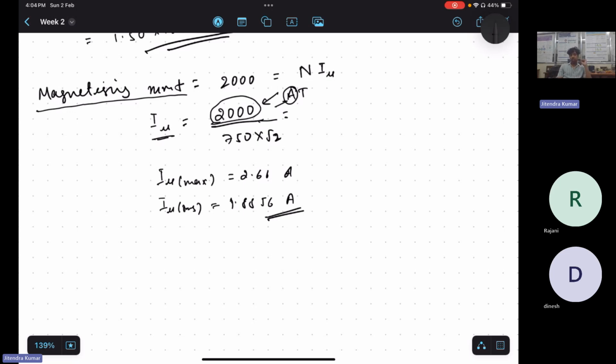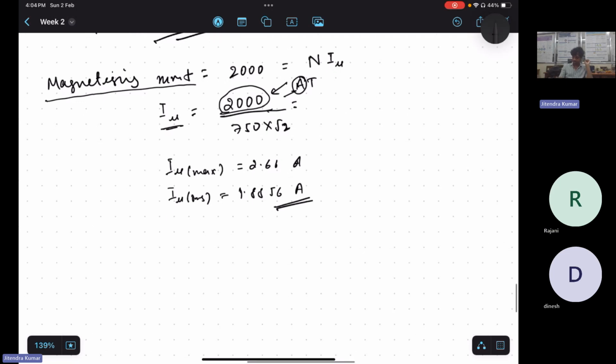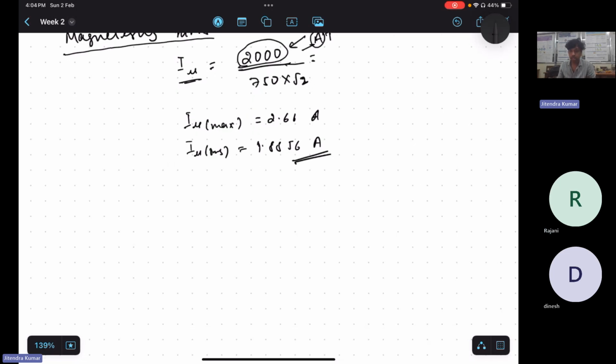Okay, let's see another topic, circumscribing core, which is very important for solving the next four to five problems. What do you mean by circumscribing cores? Basically, it is there to optimize the design of transformers so that our wastage in the core is as minimum as possible.